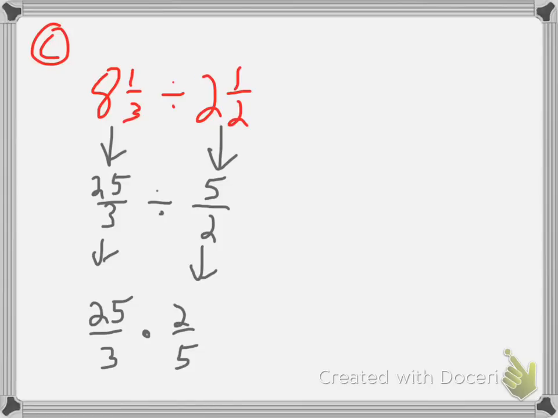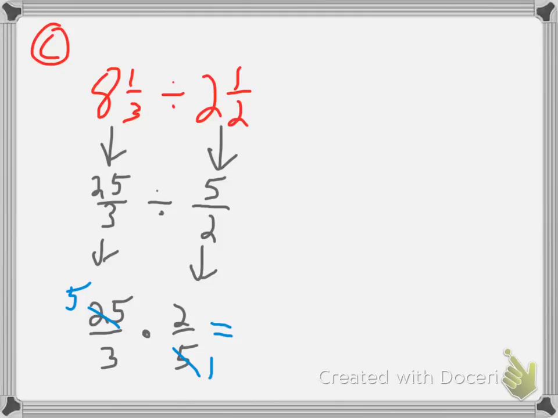Again, I multiply by the reciprocal. So 25 over 3 stays the same. Change the division to multiply. The second number becomes the reciprocal, 2 over 5. I look to see if I can cross simplify anywhere. I can between 5 and 25. 5 goes into both. 5 goes into 5 once. 5 goes into 25 5 times. Now I can multiply straight across because I can't simplify with 3 and 2 at all.